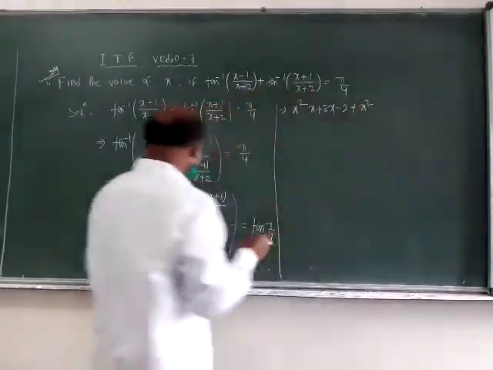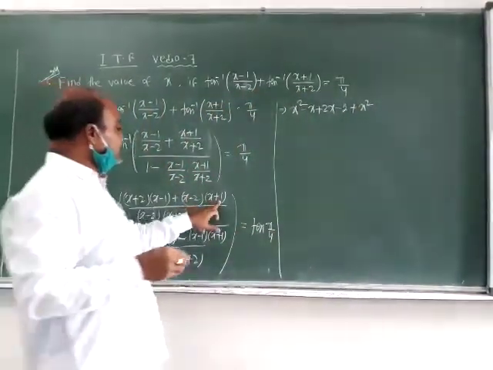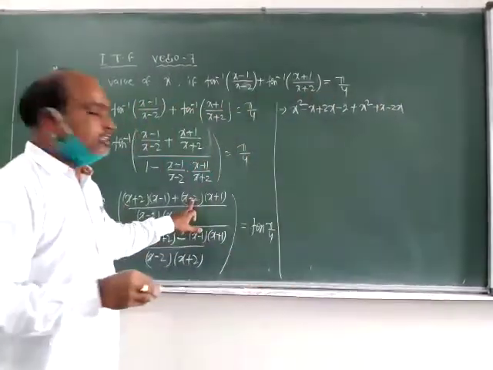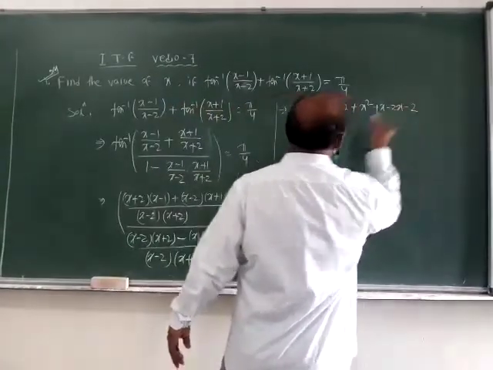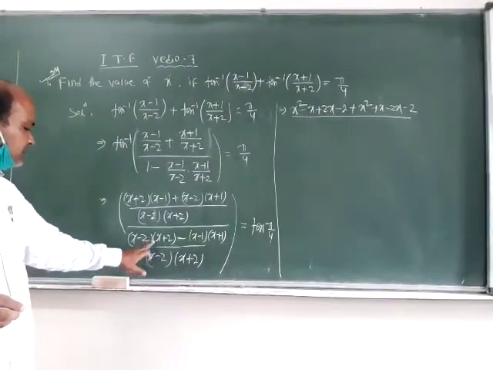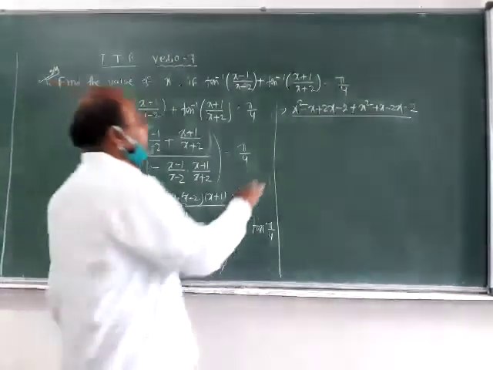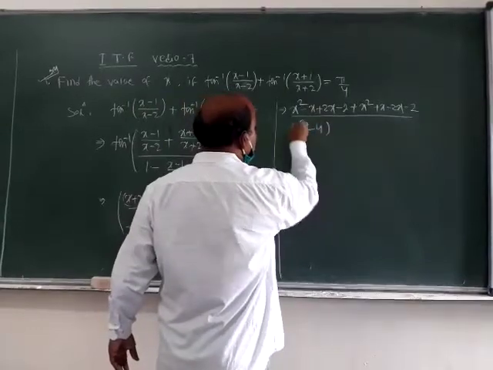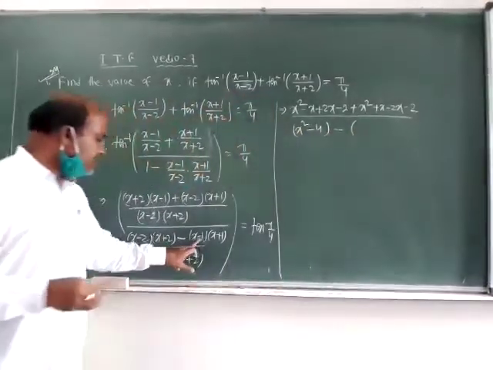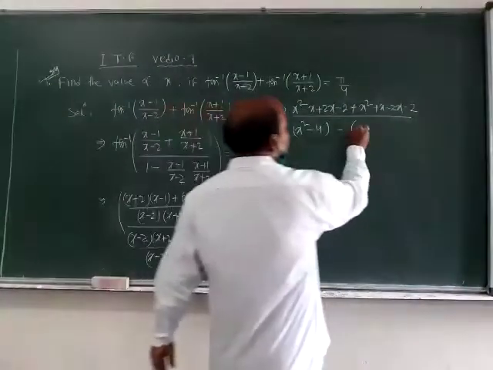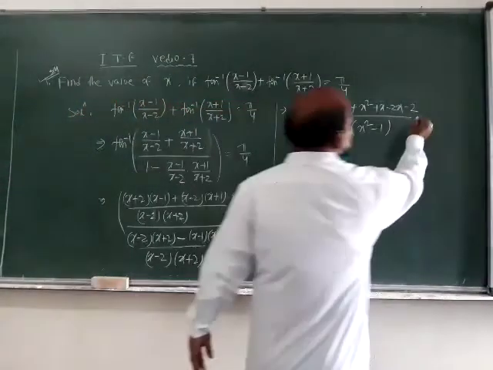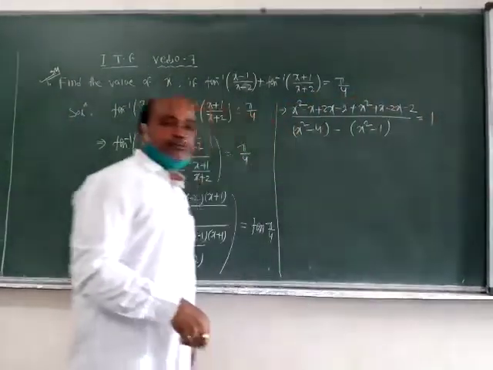You see x square, then plus x minus 2x, minus 2. For the denominator, this is (a minus b) into (a plus b), the formula a square minus b square. Again the same formula gives x square minus 1. This is equal to tan pi by 4, which is 1.